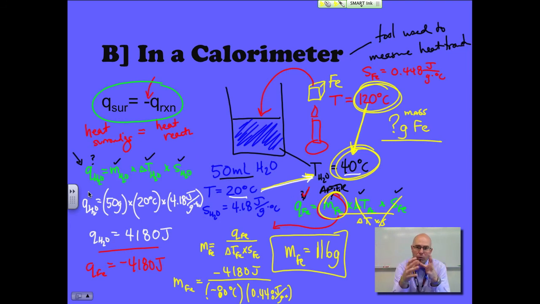One was the water, one was the iron. And I'm a really big fan of taking the little extra second to write all these subscripts, just so you don't get confused as to what number we might be using. But by knowing how much the water went up and knowing how much the iron went down, we can determine what the mass of the iron was. So that's how you can calculate a calorimeter type of question.